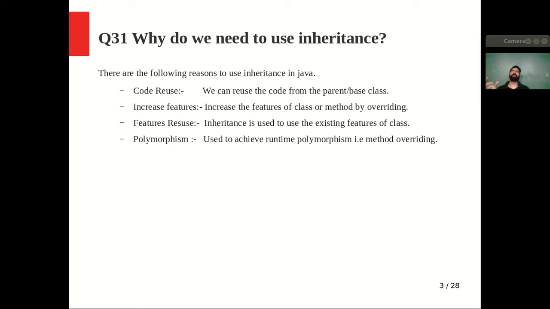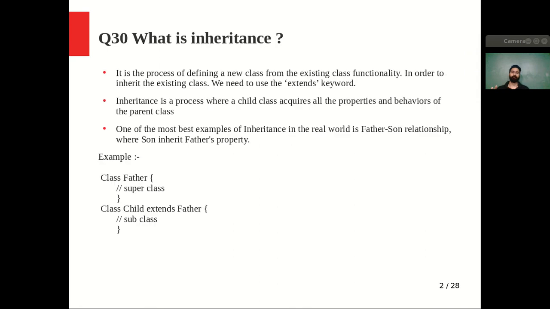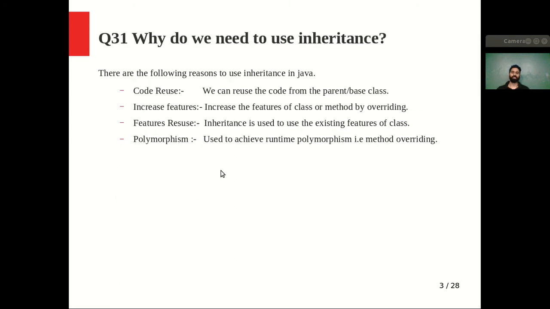Let's say that we have some method in the class father, and here in the child we have the same method, but we want to provide a new implementation inside the child method. The name of that method will be the same as the name in the father class. By the method overriding property, we can achieve this.